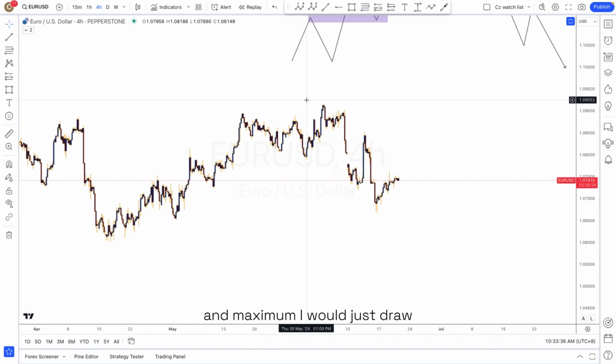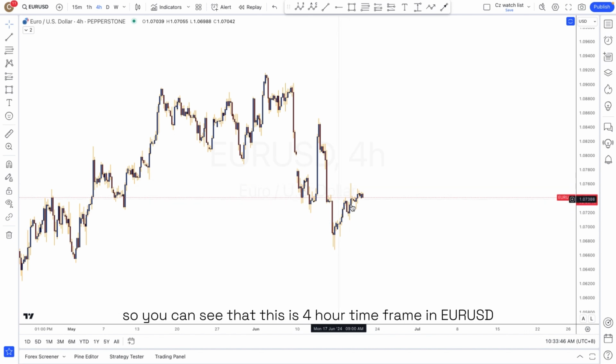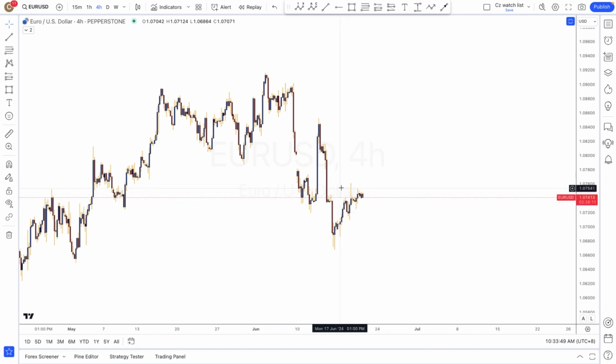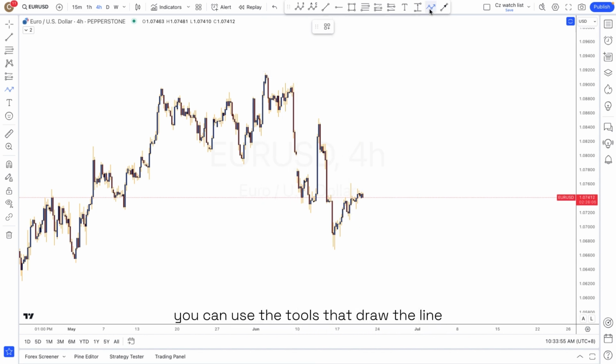And maximum I will just draw 4 support resistance levels with the current price. I think it's good enough. So you can see that this is the 4-hour time frame in Euro US dollar. And if let's say you can't spot the structure, you can use the tool that draws the line.